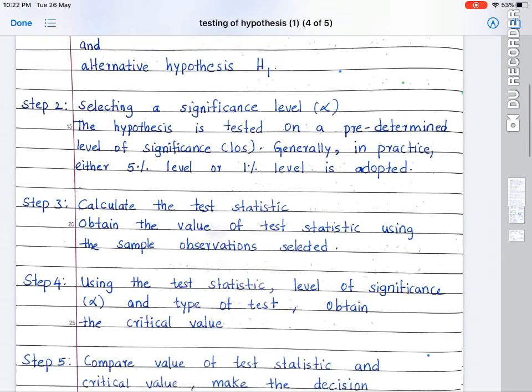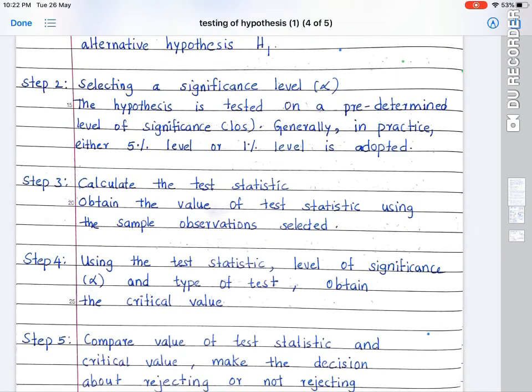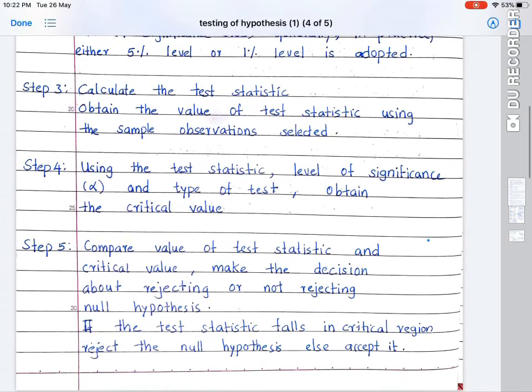Then step 2, we are finding out the level of significance. Basically we assume it to be 5%. If they specifically mention, we take whatever percentage is mentioned in the problem. Then third step is to calculate the test statistic. In this step, you will see if the sample size is greater than 30 or less than 30.